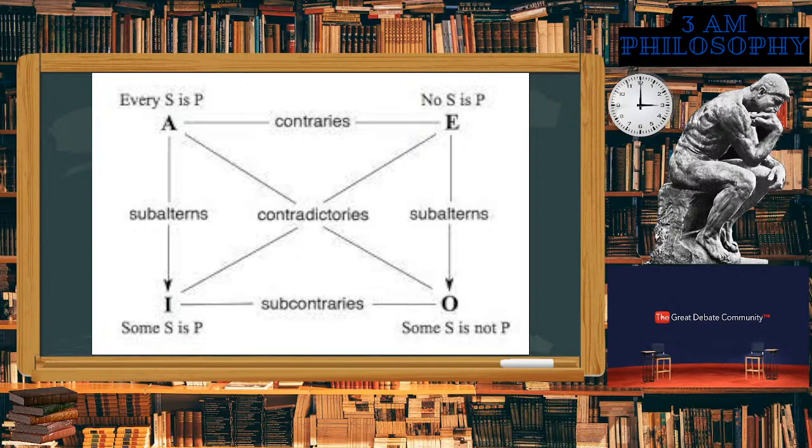And then the problem that you run into is that A and O are indeterminate. Just by saying I is true, you can't determine whether A or O is true. You can't determine a truth value here. The only thing you determine truth value-wise is on the contradictory, E. Because if I say some dogs are mammals, that doesn't tell me anything about whether some dogs are not mammals.